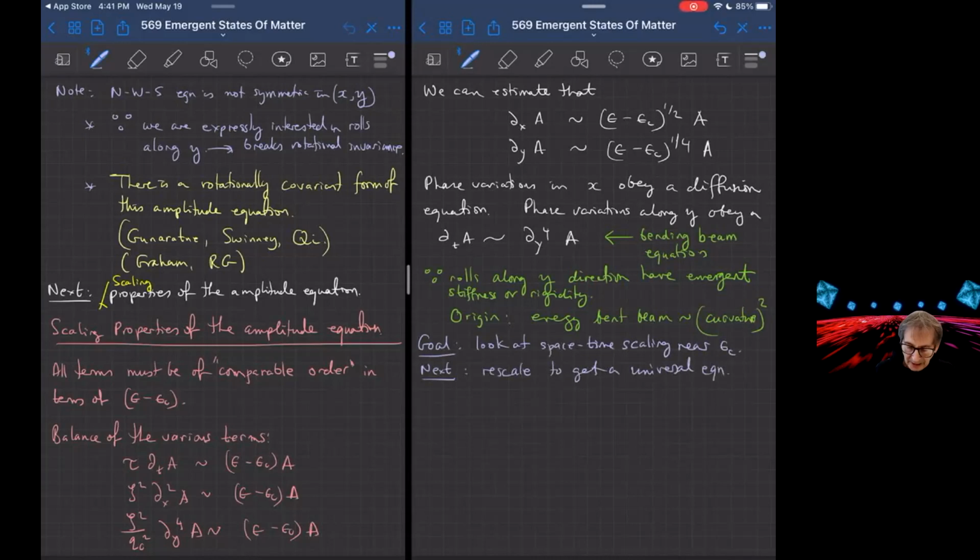Let me go through that. So let's start off with our amplitude equation in this form.